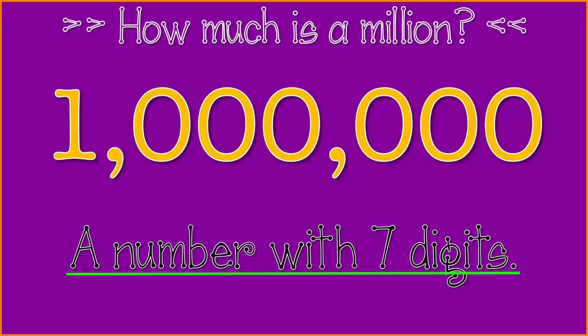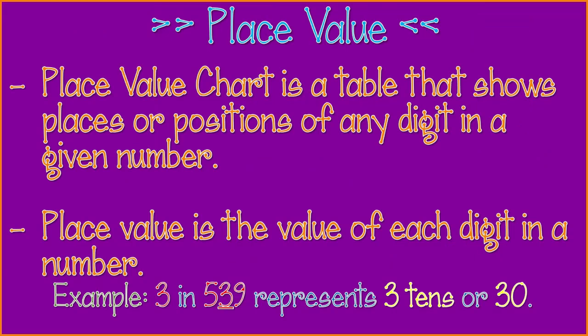In Standard 3, you're going to be learning numbers that are up to the millions place value. To be able to correctly identify the value of a digit in a number, a place value chart will help us. A place value chart is a table that shows places or positions of any digit in a given number.